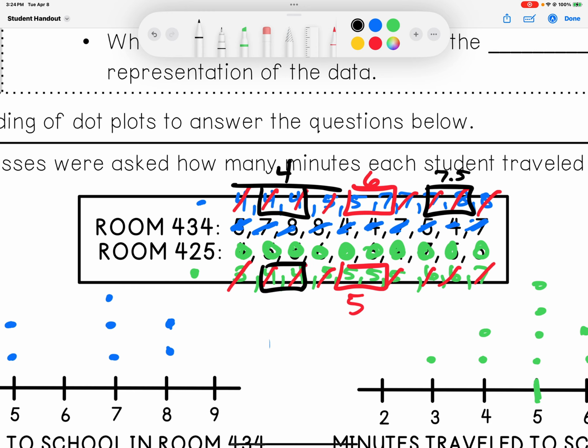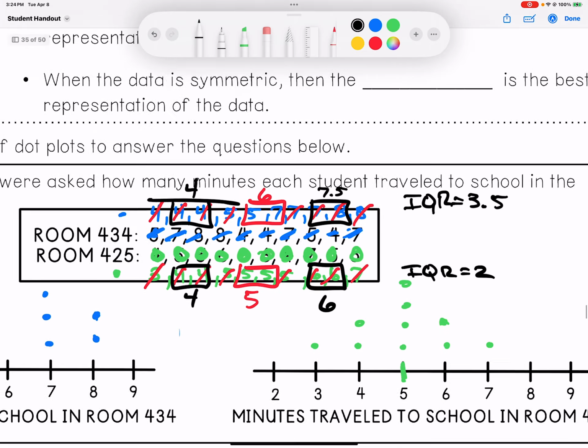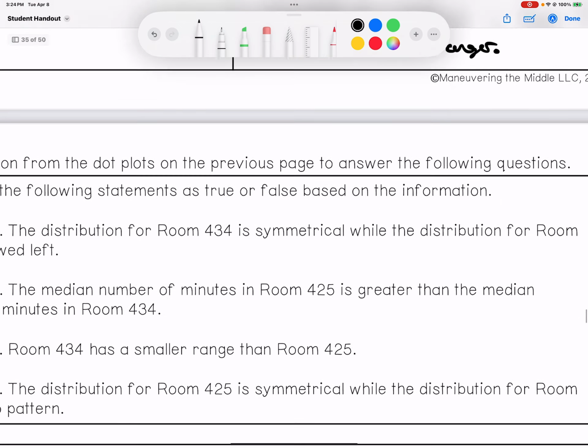What is the middle of those two? And what is the middle of these? 6 minus 4 is 2, so the IQR of this one is 2. The IQR of this one is 3.5. All right, and that's the range. So the range of 434 is higher by 1.5 than the range of 425.